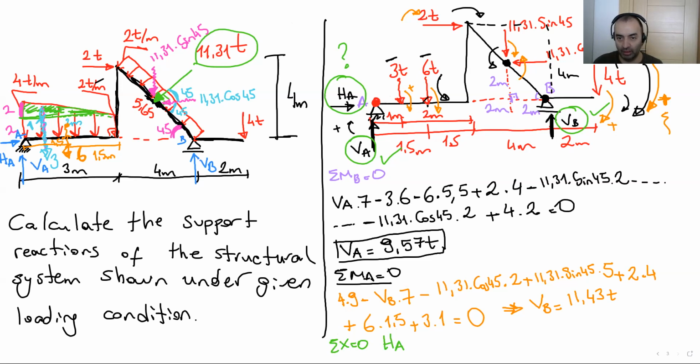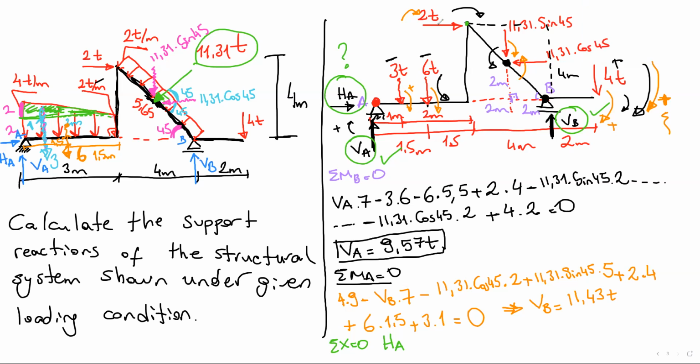Is there any horizontal loading? Oops, here at the top, we have a horizontal 2 tons at the top point here. Is it in positive direction or negative direction? What do you think? Is this positive or negative?